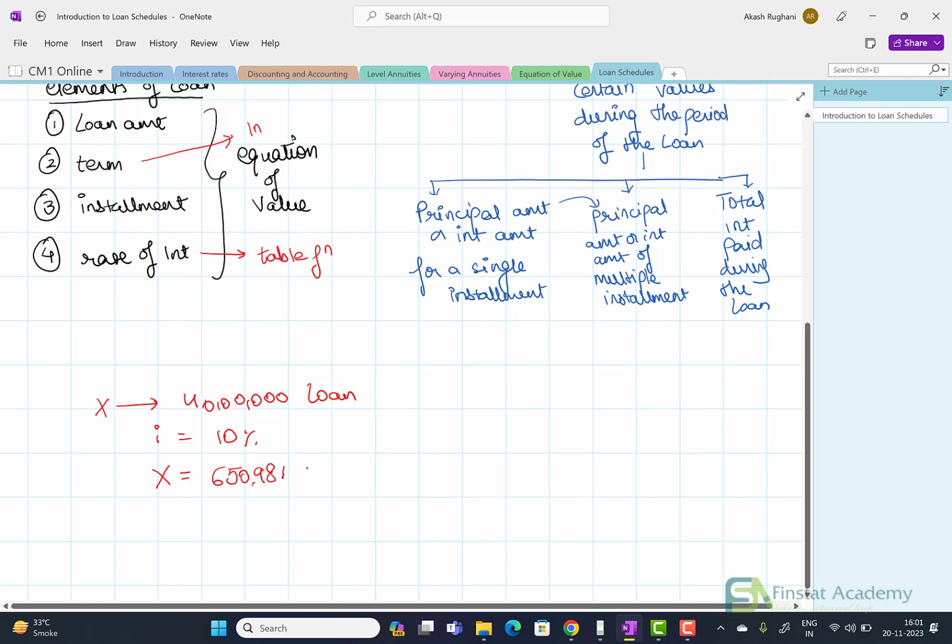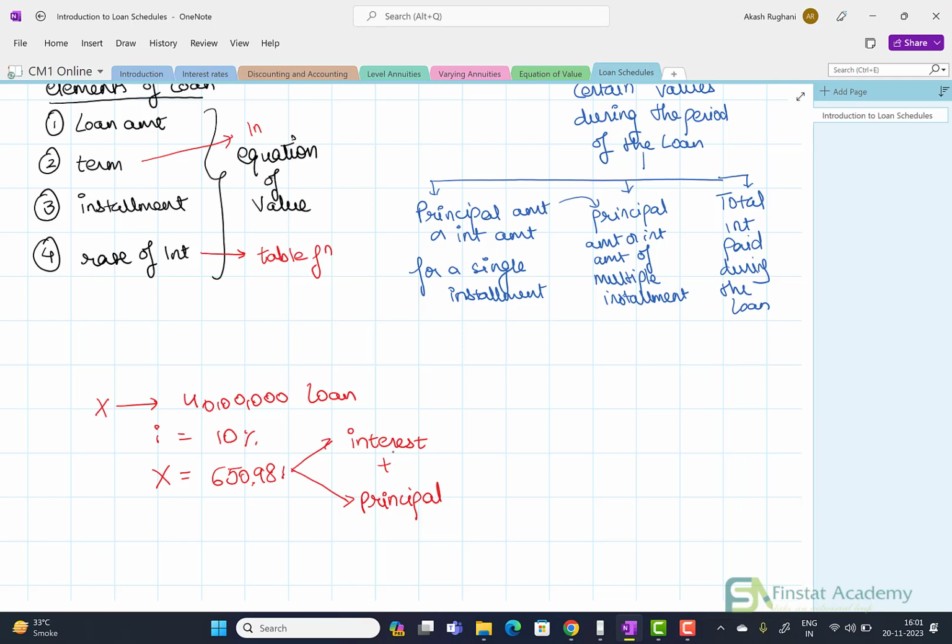Now guys, this 6,50,981 includes both interest and principal, but the proportion of interest and principal keeps on varying.